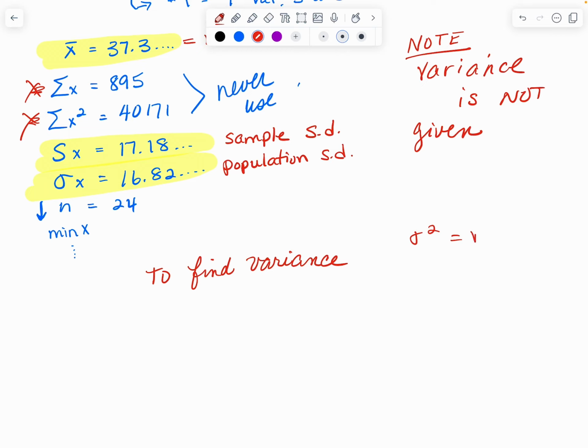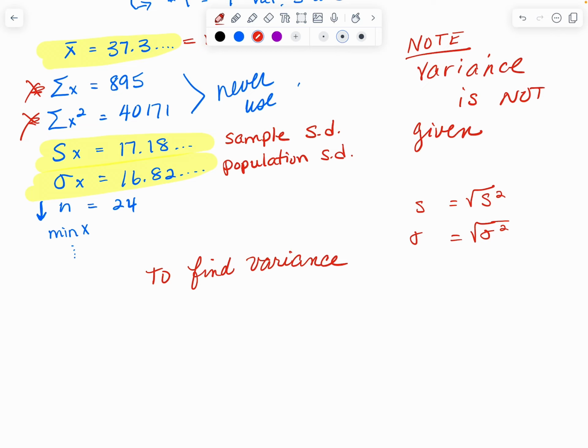remember that the variance is the square root of the standard deviation. So if it's the sample, it's the square root of the standard deviation. Yeah, I wrote this in the wrong spot. It's the square.